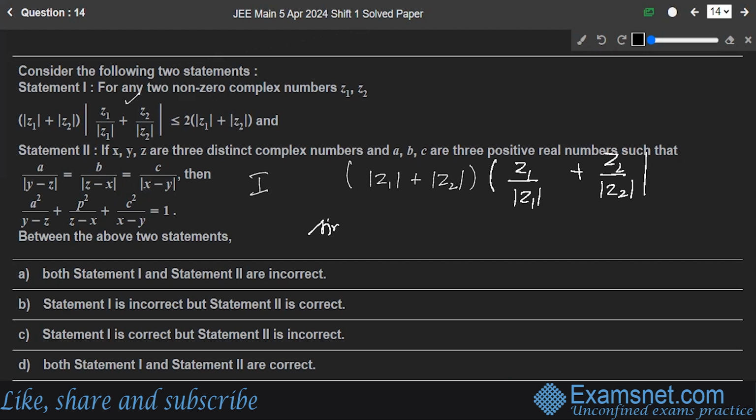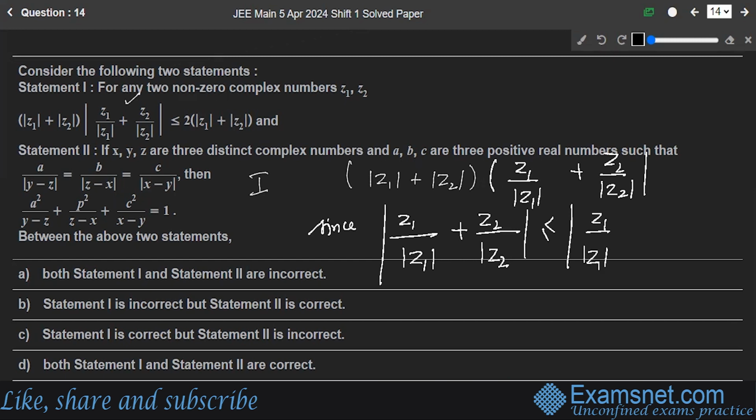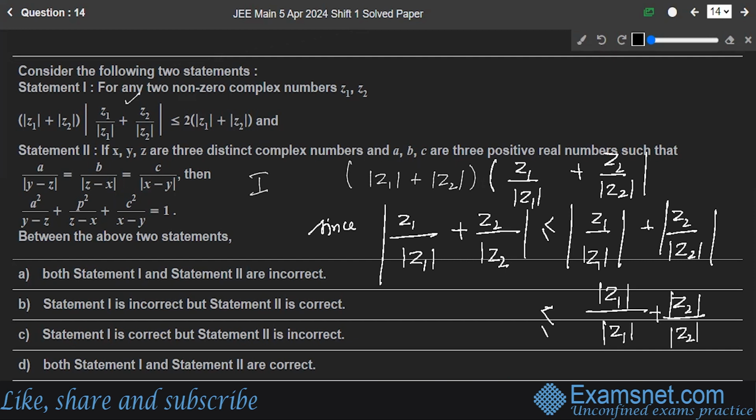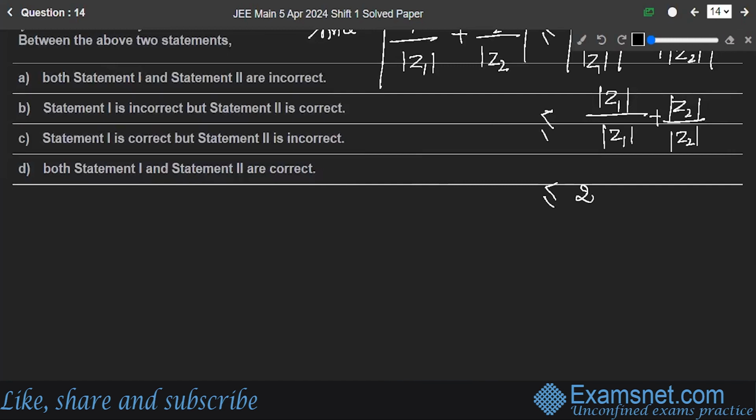Now you know one thing, modulus of Z1 upon modulus of Z1 plus Z2 upon modulus of Z2 is less than or equal to modulus of Z1 upon modulus of Z1 plus modulus of Z2 upon modulus of Z2, right? This is what this is equal to, less than or equal to 2. So which means modulus of Z1 upon modulus of Z1 plus Z2 upon modulus of Z2 is less than or equal to 2.